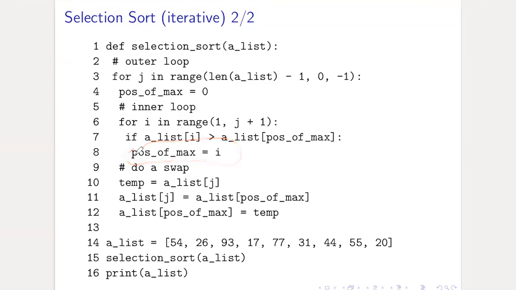Then the loop ends here. Earlier we had the swap also within the loop. Now the swap is outside the loop, so for the inner loop it happens only once. Of course, for the outer loop, it happens that number of times.